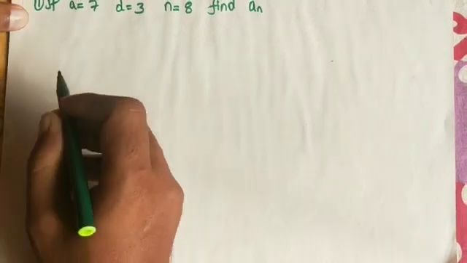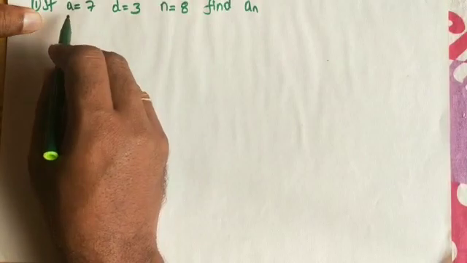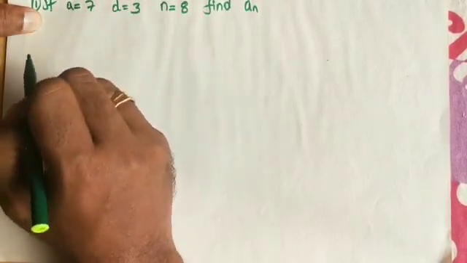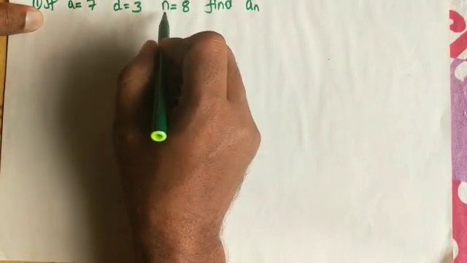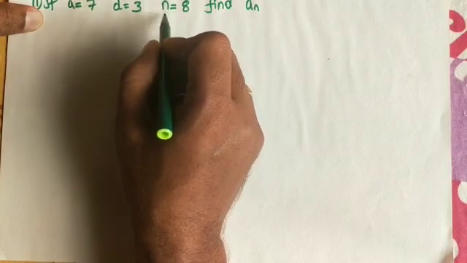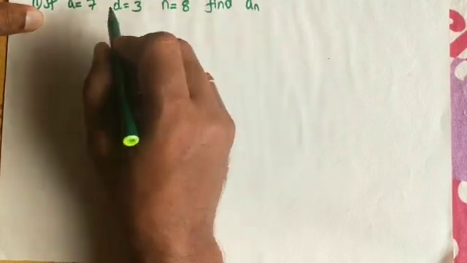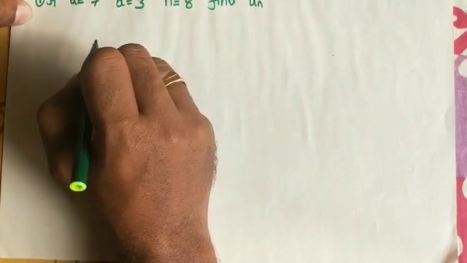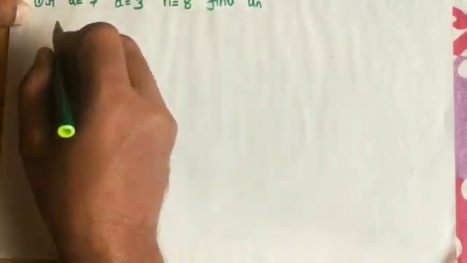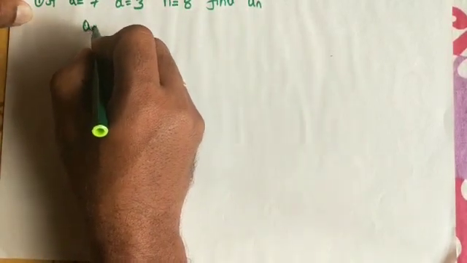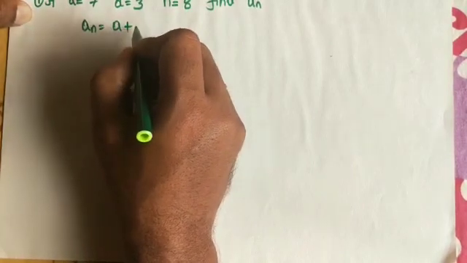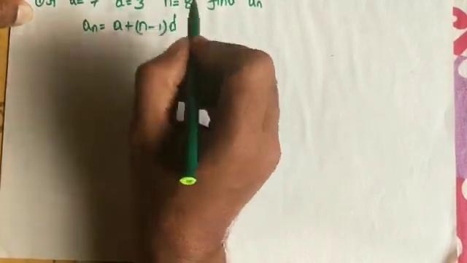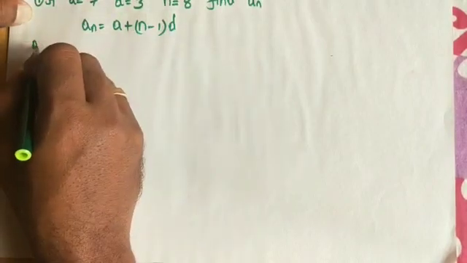If a is equal to 7, d is equal to 3, n is equal to 8, find an. Here the first term is 7, the common difference is 3, and we want to find the 8th term of this arithmetic progression. So simply we can use the formula an is equal to a plus n minus 1 into d. So n is equal to 8.